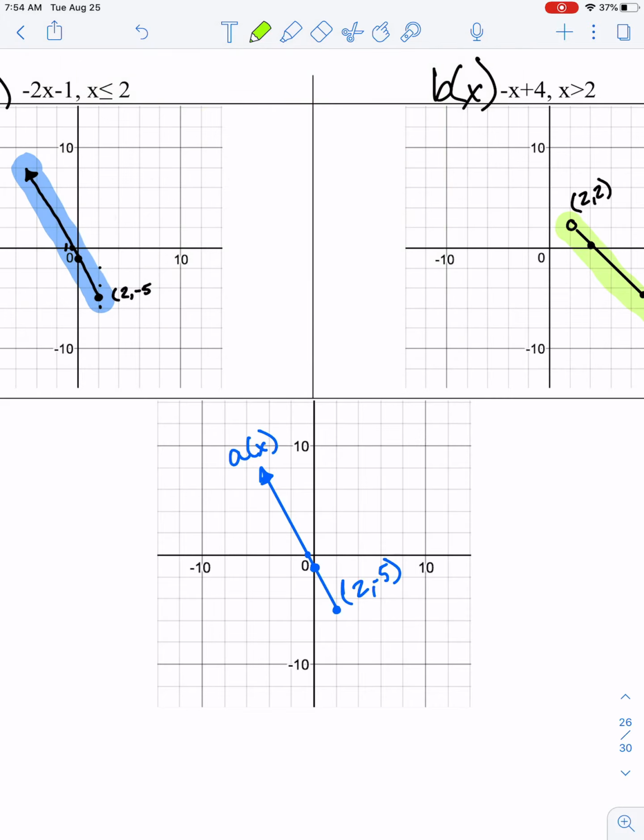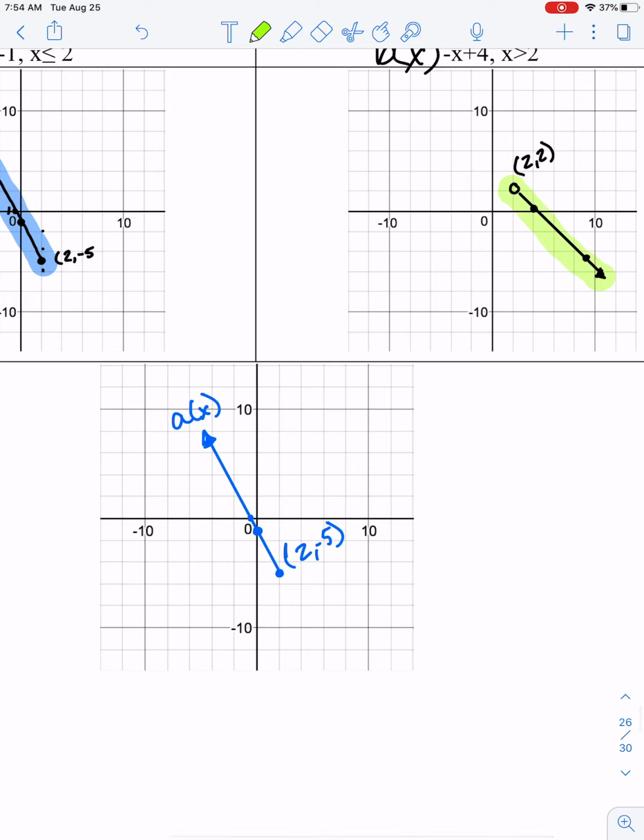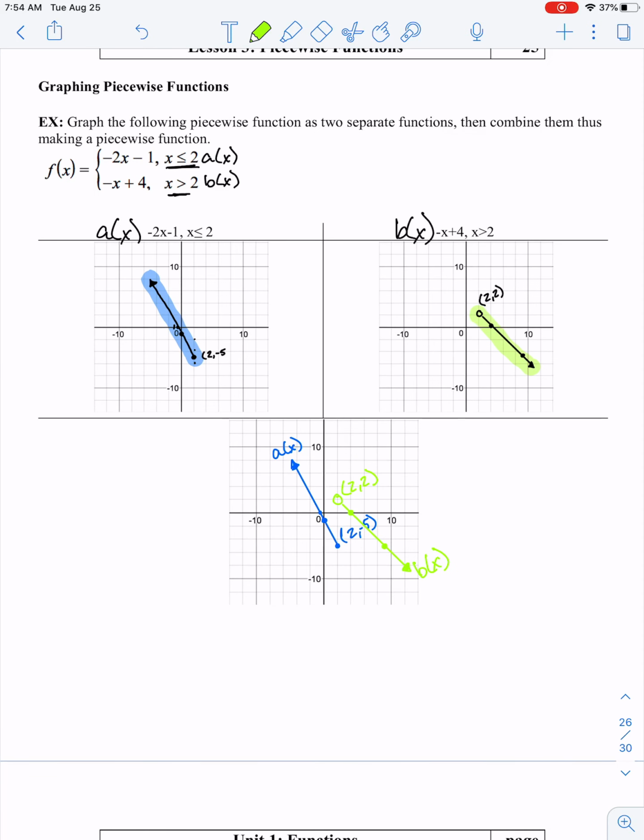Then my green function was b of x, which occurred at 2, 2. 4, 0. 9, -5. Again, you just want to get this as close as you can. Getting it perfect isn't 100% important, but that's how you graph piecewise functions.